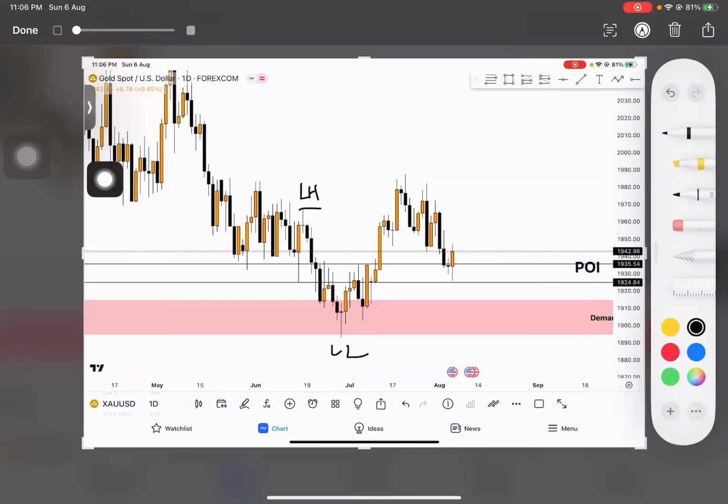If you break out this lower high level, which is the confirmed high, this is the new higher high, and this level will become the new higher low. So I will just wait for the uptrend buy, because the overall trend right now on daily is an uptrend.